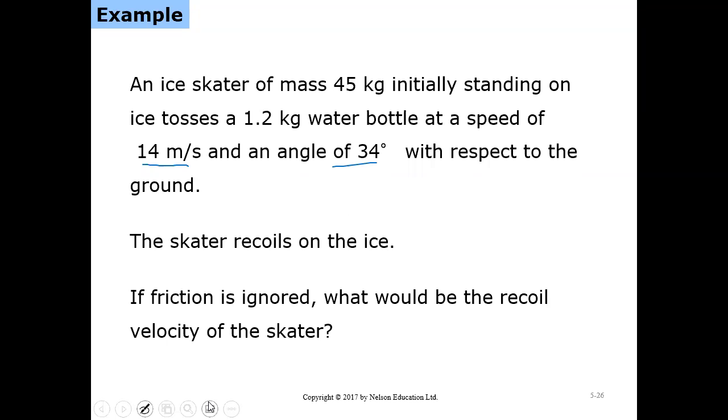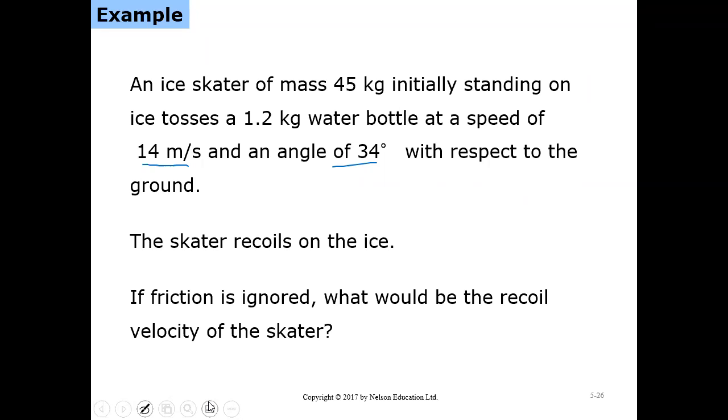So the bottle has a positive momentum, but you can't allow it because according to the conservation of momentum, which holds here in the horizontal direction, the total momentum should be zero. So if the bottle suddenly gets a positive momentum, the skater should get a negative momentum to make the total momentum zero. That's what happened.